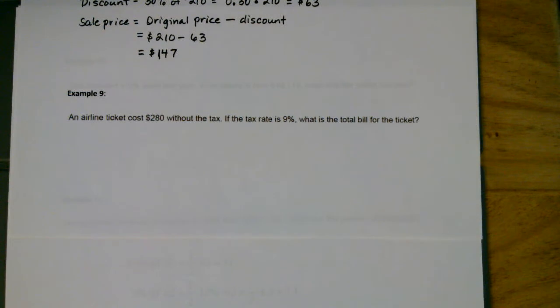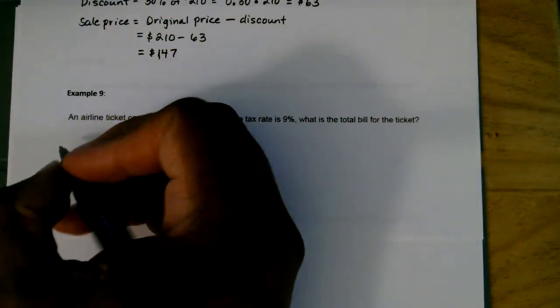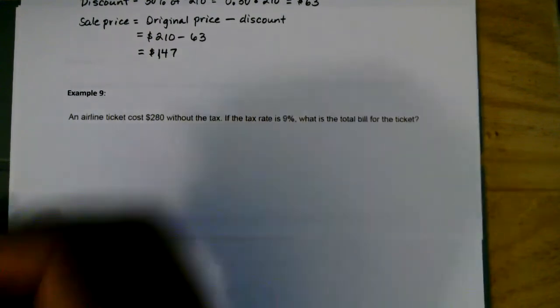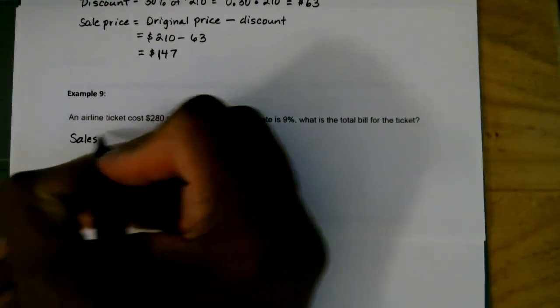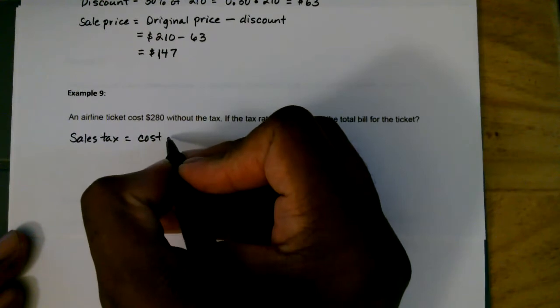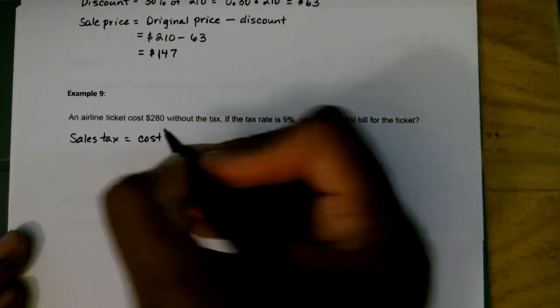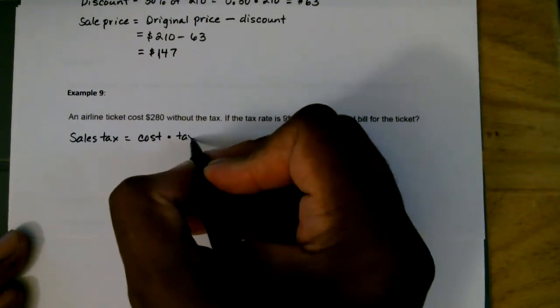Okay, so now let's find out what the sales tax amount is. That's going to be the cost multiplied by the tax rate.